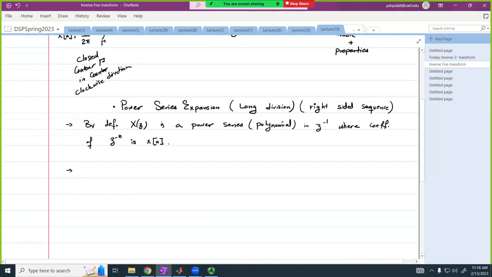So what this means is if we are given x of z, that is a numerator over denominator, we can perform long division and then we can read out x of n.